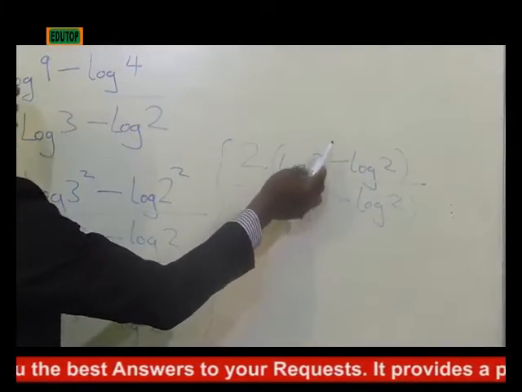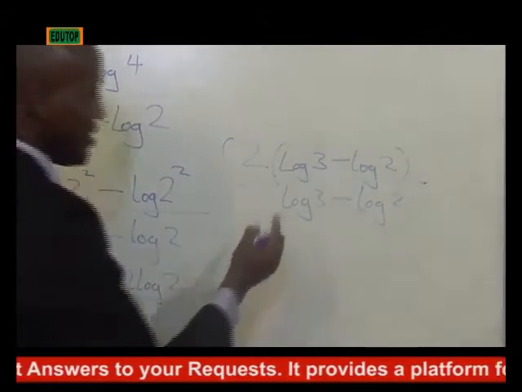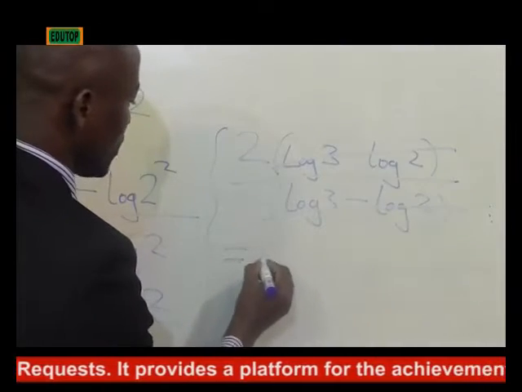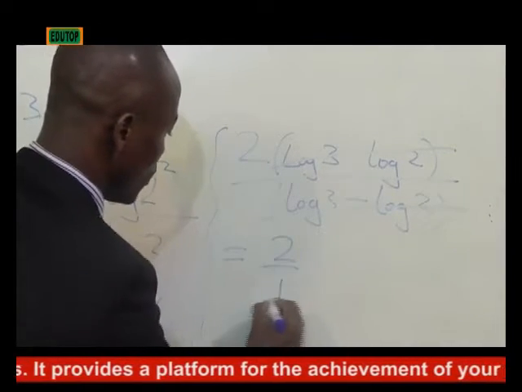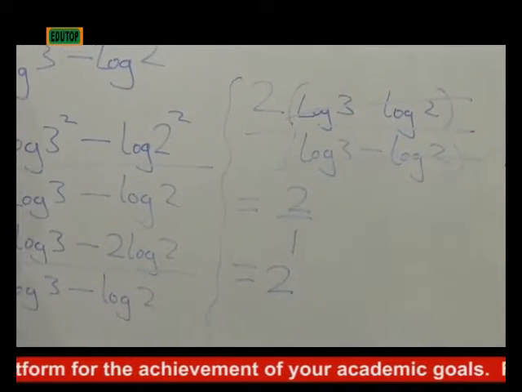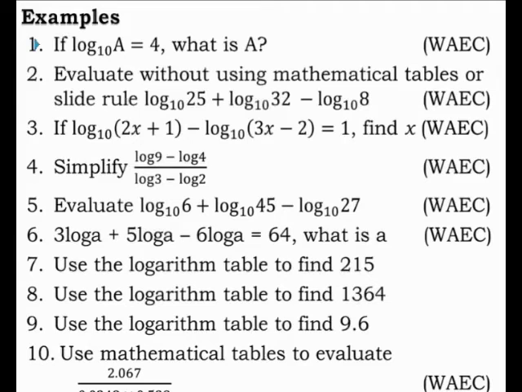What we are having in the numerator and the denominator is the same, so they cancel out. So we are just left with 2 over 1, which is equal to 2, which is our final answer.